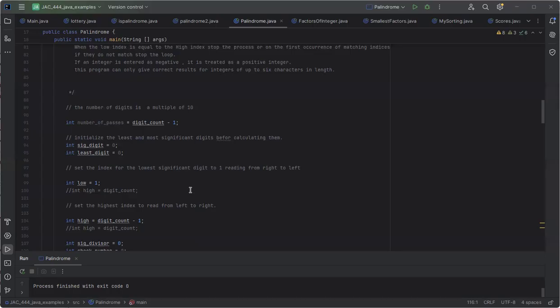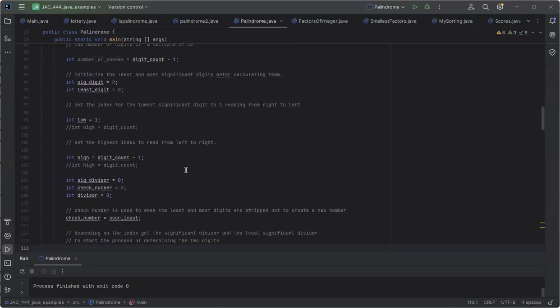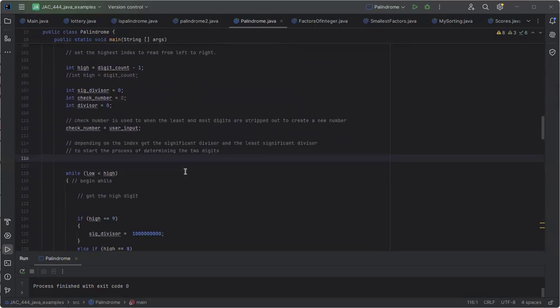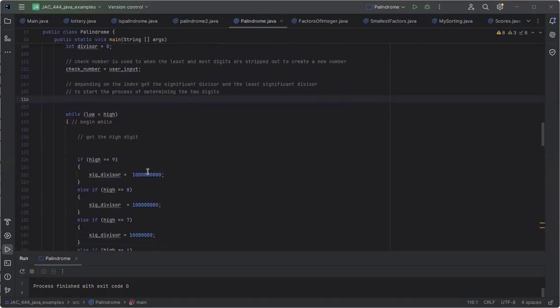Now, to find the most significant digit, we take that number that we originally input from the keyboard. I have some code here that says, depending on how many digits I read in from the keyboard, we're going to use this significant divider. This will tell me how many tens, hundreds, thousands, 10,000, millions in this number.